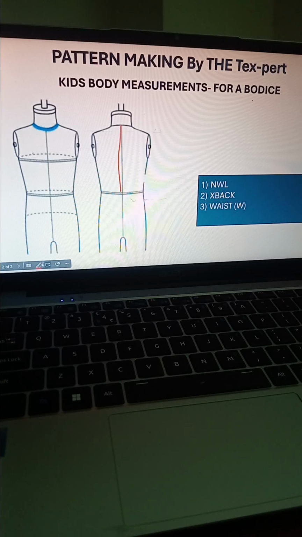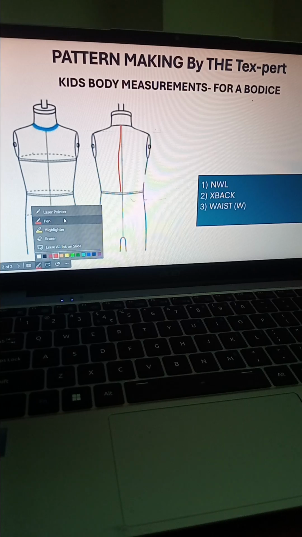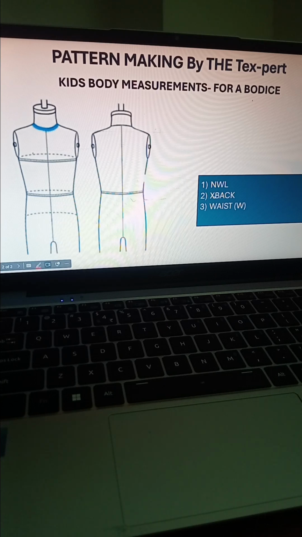Another measurement that we need, measurement number 2, we are calling X back, or cross back. We are even simplifying the names to make everything easier for you. That means the back measurement. This is our back.